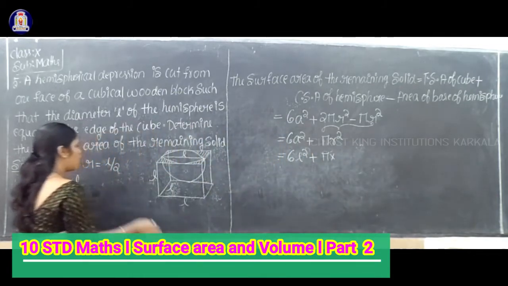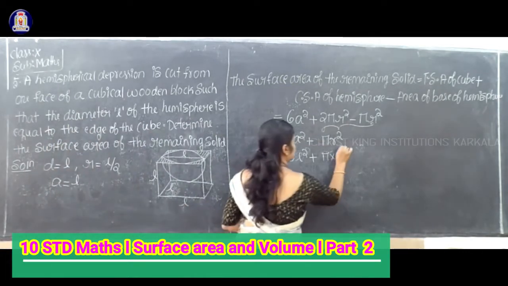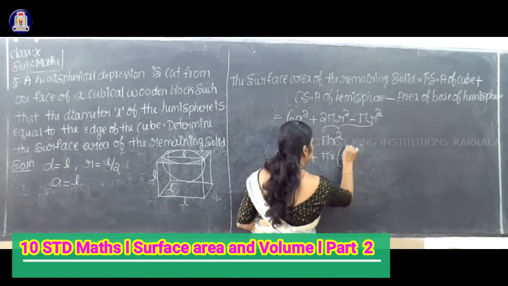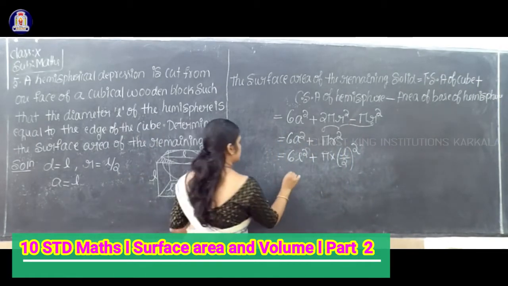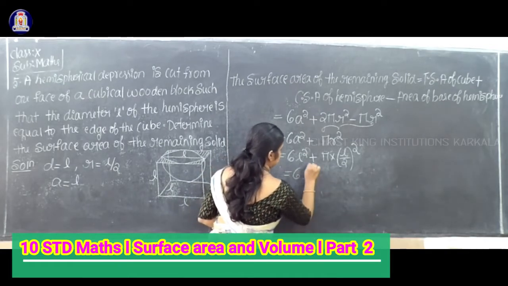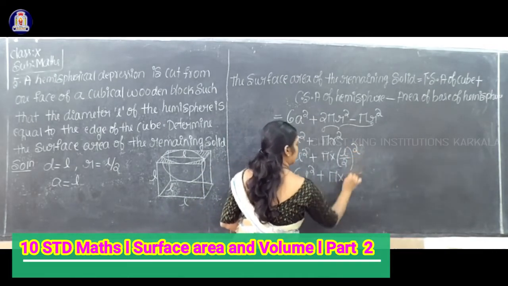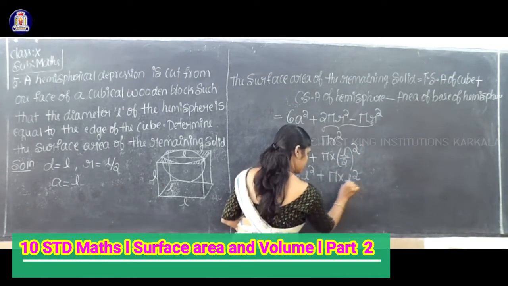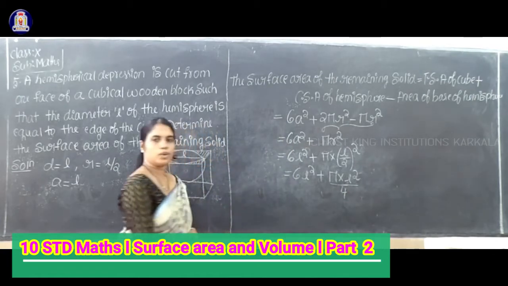The value of r is L by 2, so r square is L by 2 whole square. This is 6L square plus pi into L square by 2 square, which is 4.